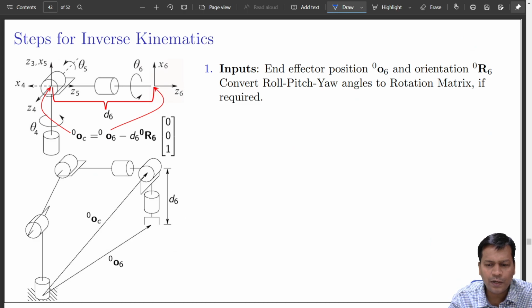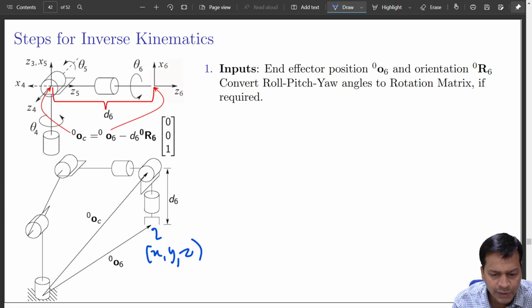Now the same as what we have done earlier. Let me come back to that once again. Given a robot end effector point, this is given x, y and z. That means you now know the position vector from here till here using your standard approach.